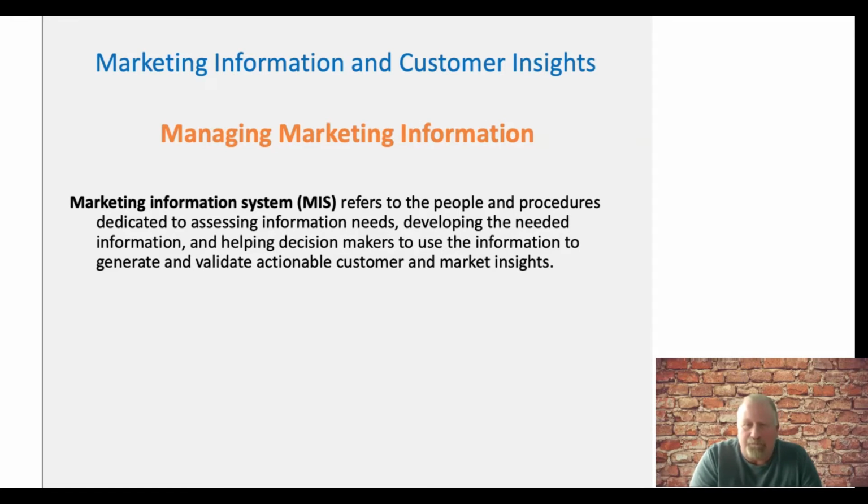What does that mean? That means any organization, whether it be small or large, has individuals whose job is to gather information and analyze information to assist in the decision making of the organization. That's what this talks about here.